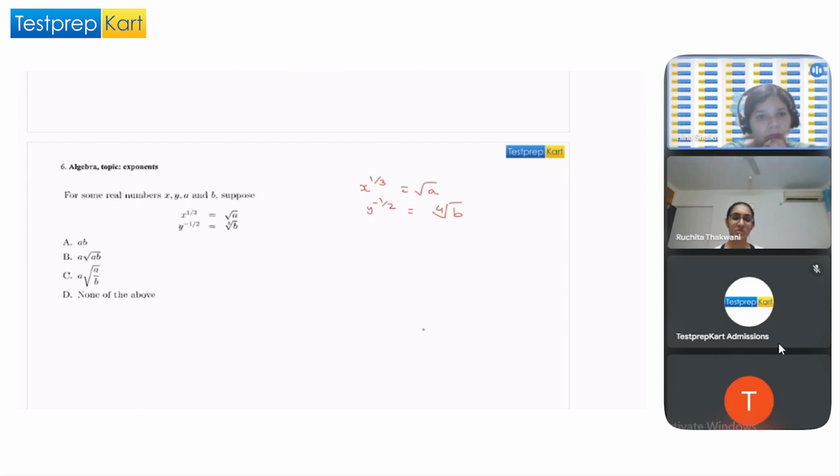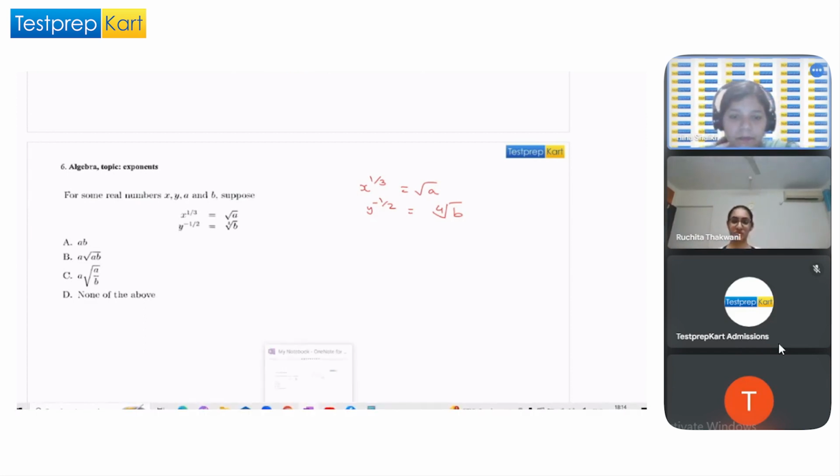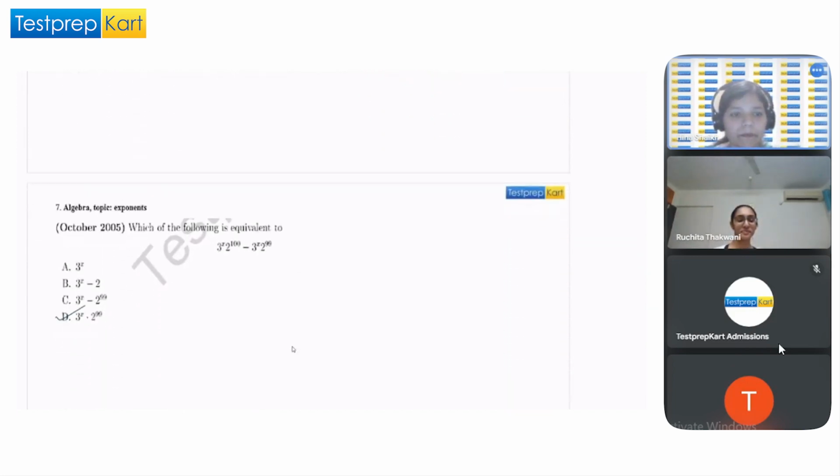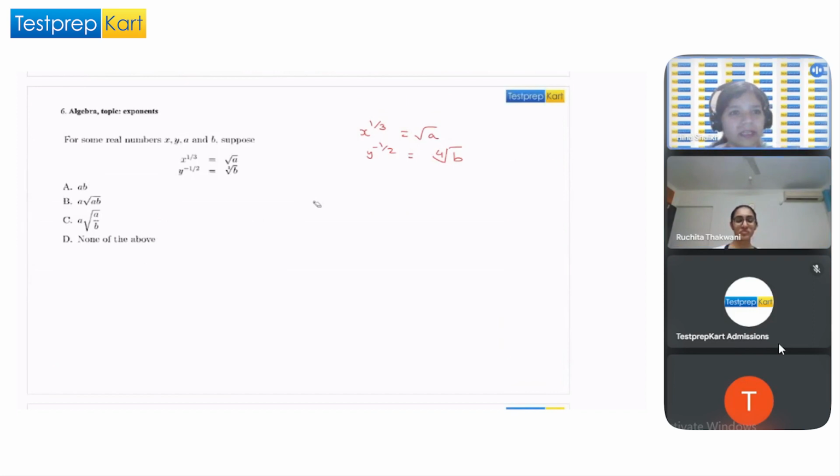I think the question is what is x upon y something. Wait, let me check. We'll skip this question for a while. We'll come to this question later on, okay? I think xy or x upon y something is there.